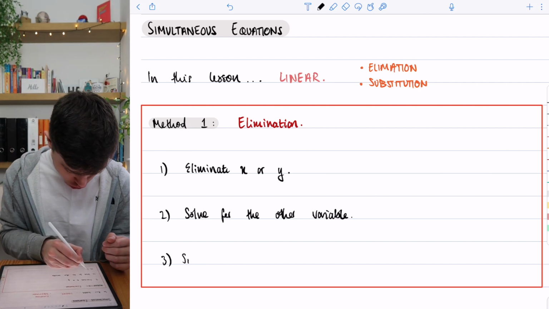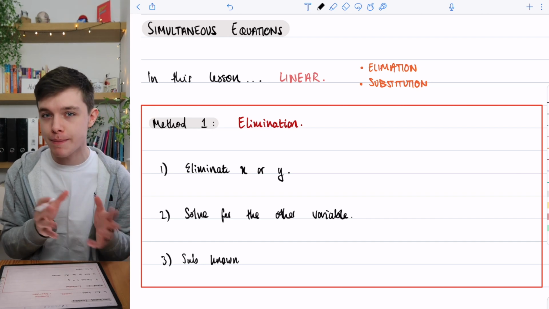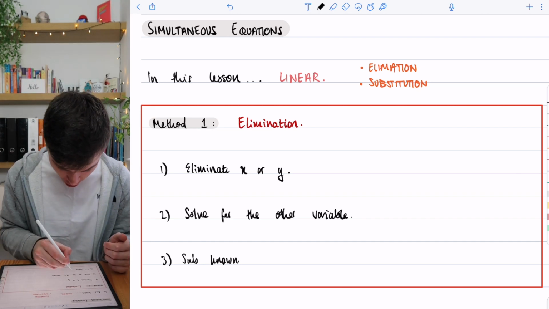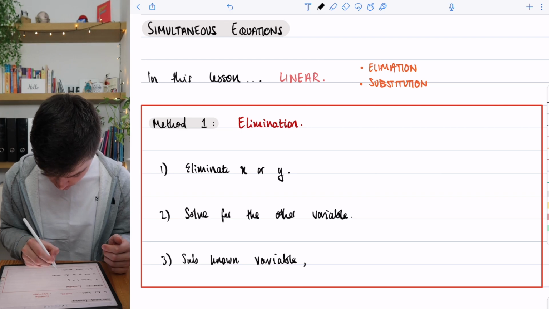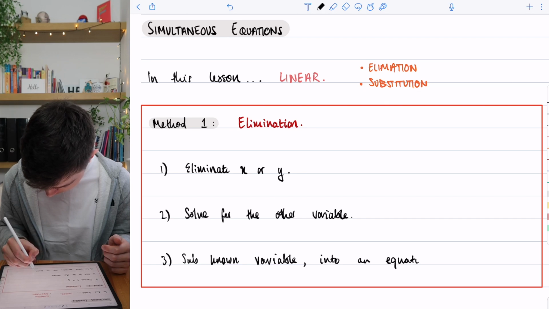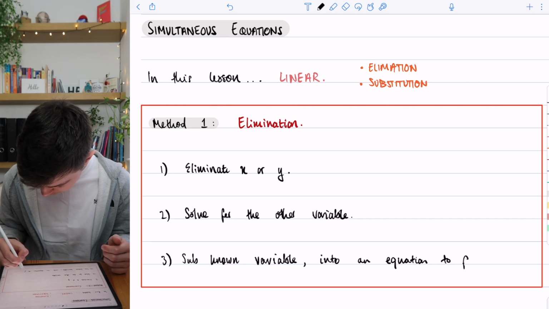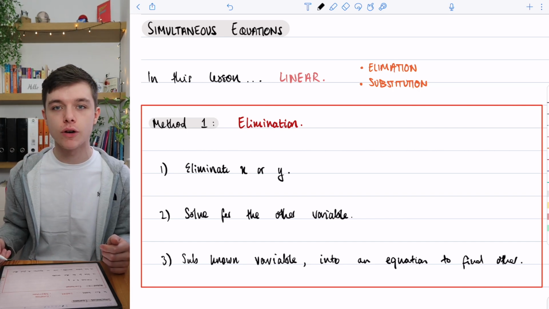So we're going to sub our known value, and when I write sub, I mean substitute, our known variable into an equation to find the other variable, or the value of the other variable.